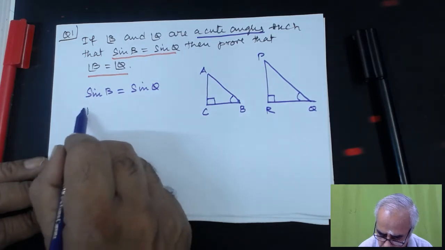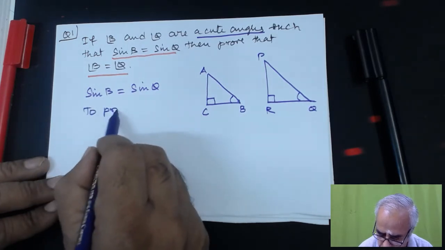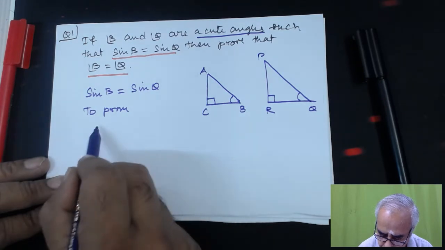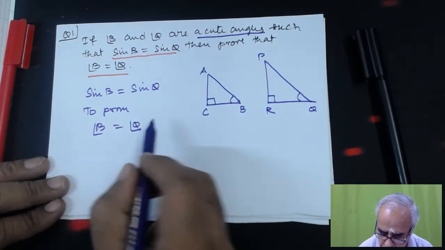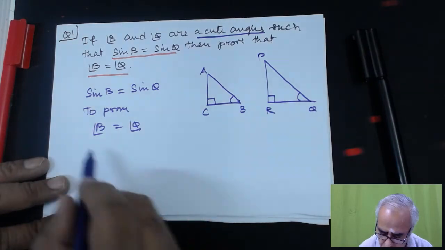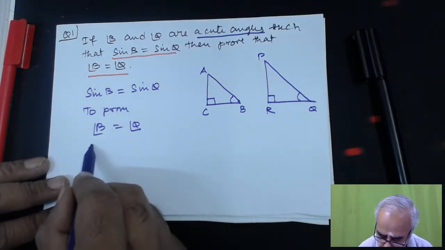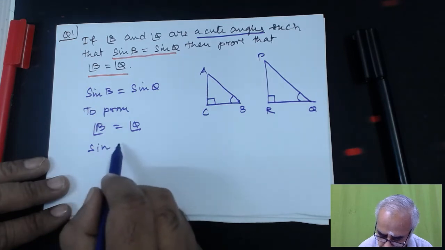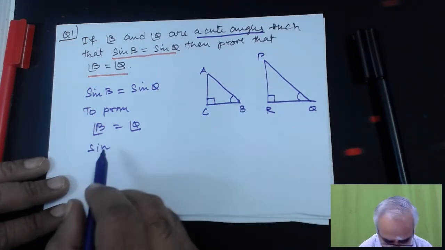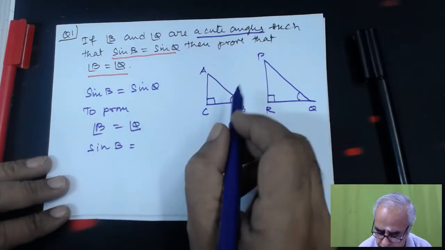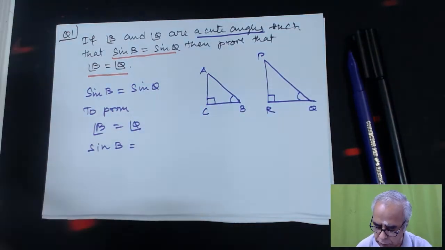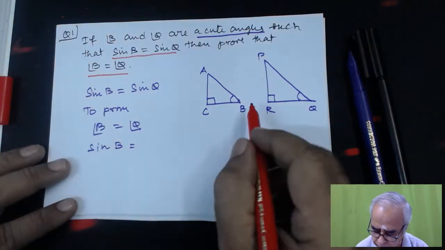Now to prove that angle B is equal to angle Q, let us consider sin B. Now let us identify the hypotenuse, opposite side, adjacent side.